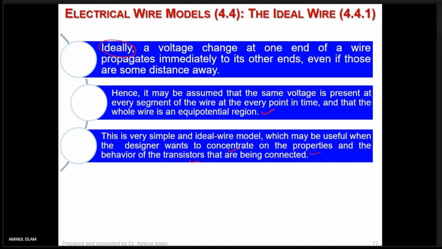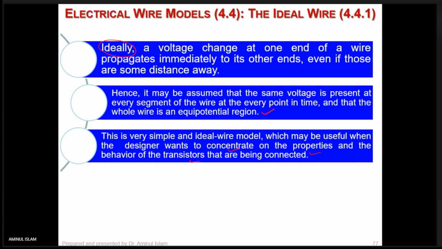That is, if you assume that it is an ideal or very short interconnect line or wire. This is a very simple and ideal wire model, which may be useful when the designer wants to concentrate on the properties and behavior of the transistors that are being connected. For example, once we start doing a project on LSI design, we'll be mostly dealing with MOSFETs which are connected to realize certain functions, like a full adder, where sum and carry functions have to be realized. We are not actually bothering about critical things like the inductance, capacitance, and resistance of the wires.